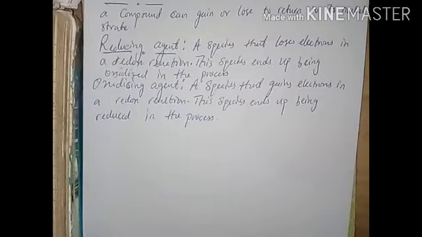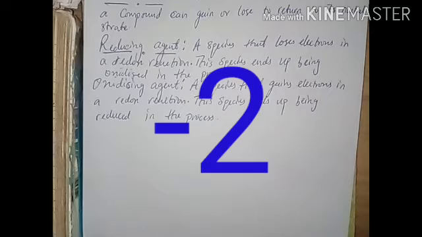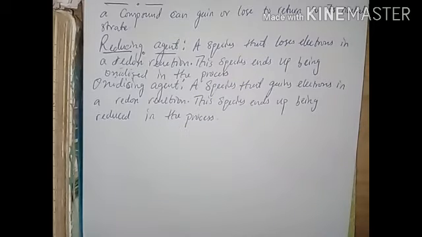Then we have another case, like for oxygen. The oxidation number of oxygen in a compound or ion is usually -2, except in cases such as the peroxides, where we can have an oxidation number of -1, and in some other cases, and also with fluorine.